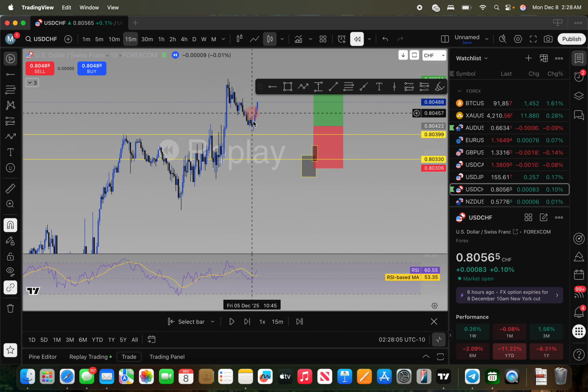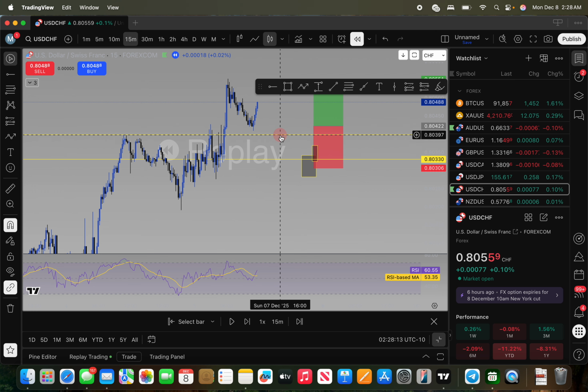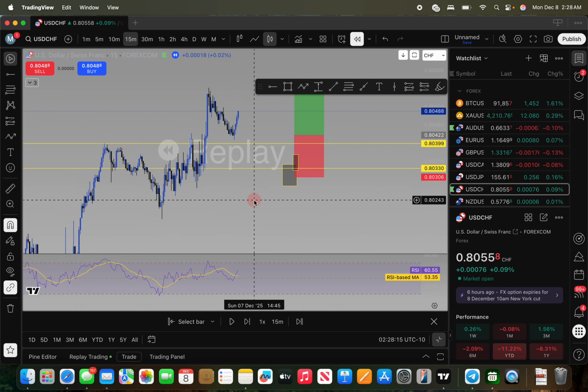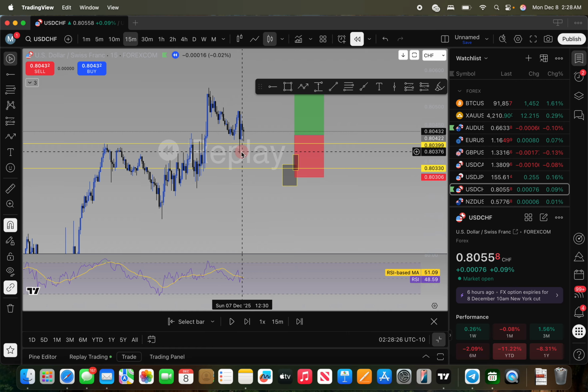So we needed to wait under this POI and close above that POI, right? Let's look.